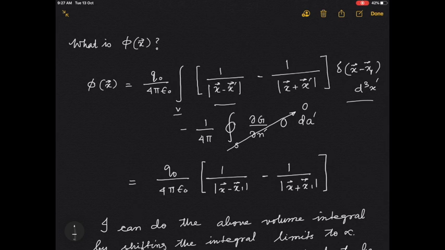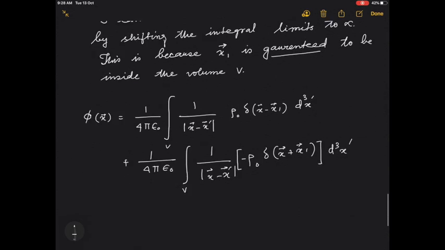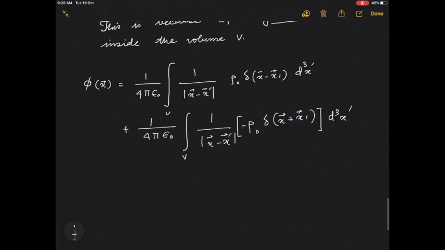Okay. The first integral is exactly the same. In the second integral, what I have done is I have used the property of convolution where I can change the variables. Okay, let's not look into it that way.